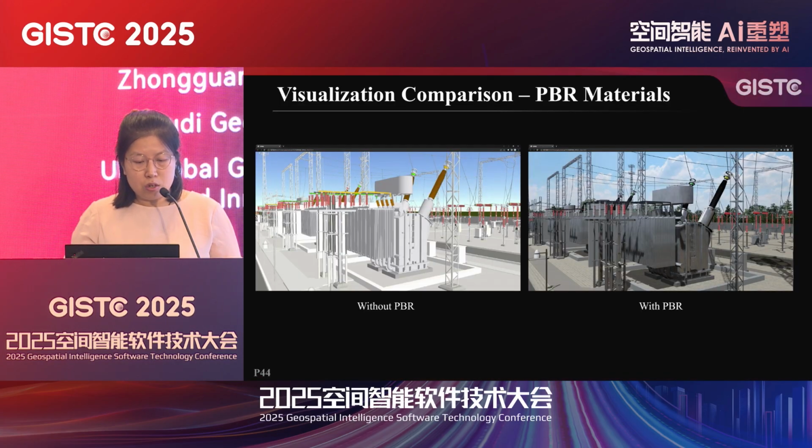SuperMap supports rendering 3D data with physically based rendering, short for PBR, materials. By using PBR materials, our models exhibit a much more realistic appearance, with enhanced details such as overall lighting and metallic textures.